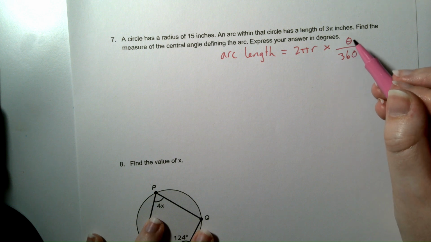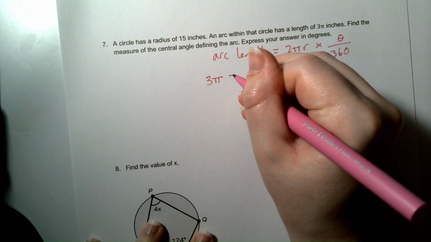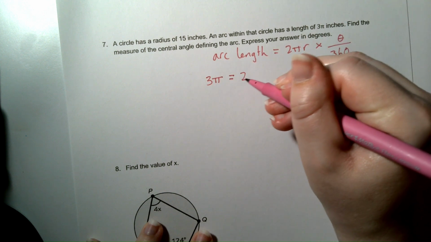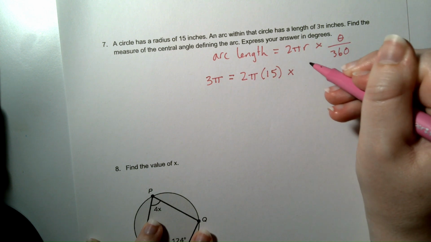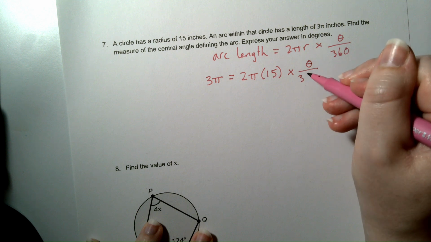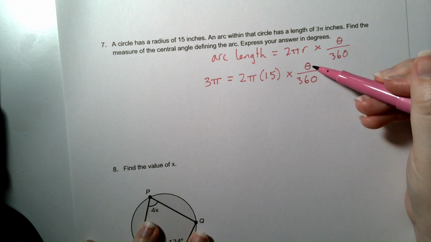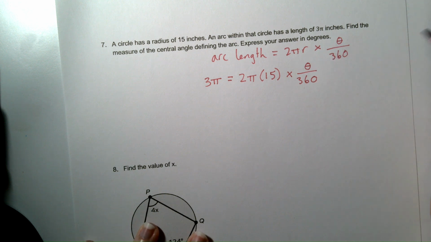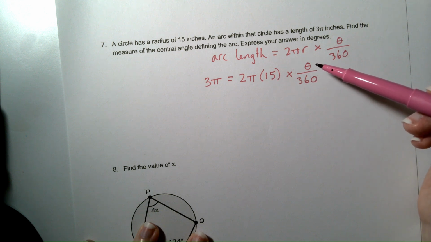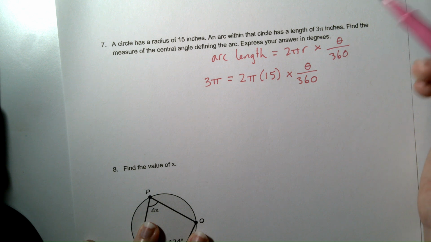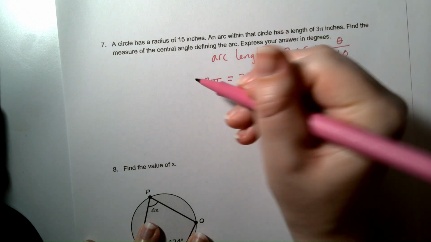So if we know the arc length, we know the radius, then that gives us enough information that we can solve for theta. And you can go in any order with this because it's all multiplication and division to get theta by itself. But I'll start by multiplying by 360 just so we get that fraction out of there.